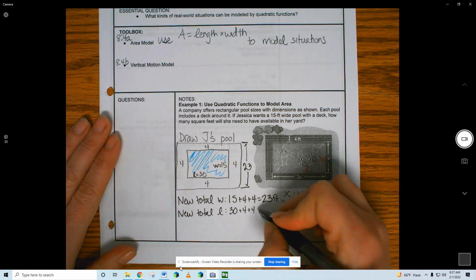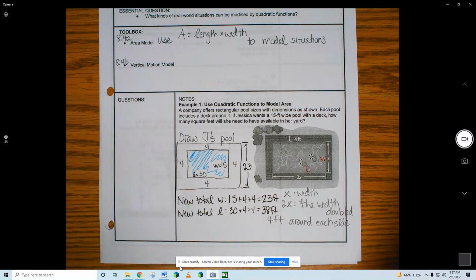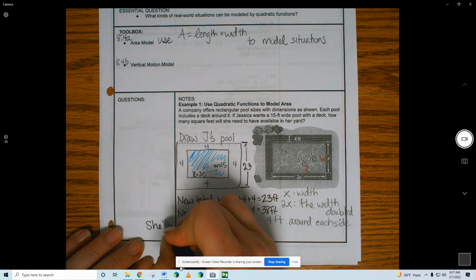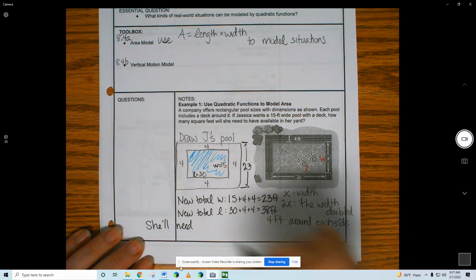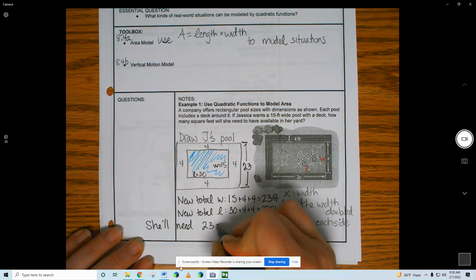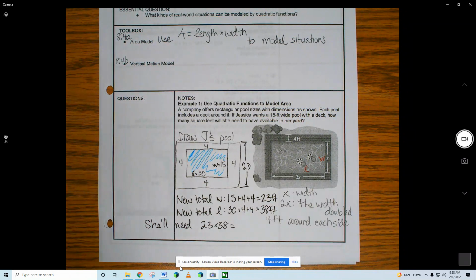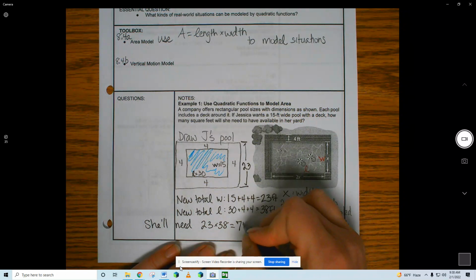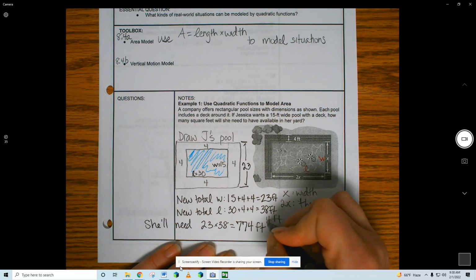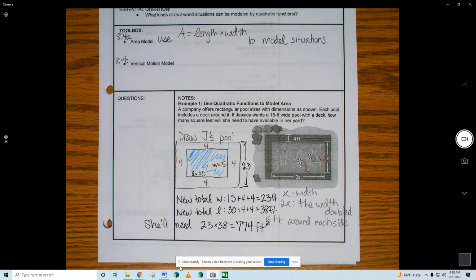I heard a lot of people saying 38. Now, how many square feet will she need? 23 times 38, which you know it. 774 feet, and I'll put the squared after, like feet squared. Perfect. In her backyard.